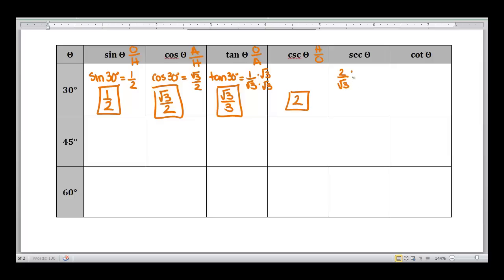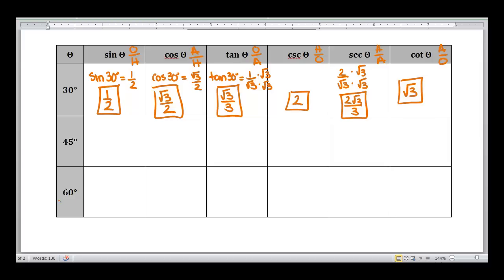Again, I have to rationalize the denominator by multiplying numerator and denominator by root 3, and that simplifies to 2 root 3 over 3. Cotangent is reciprocal with tangent, and so I want to look at the original 1 over root 3, because when I take the reciprocal of that, I'm left with just root 3, and I don't have to rationalize or simplify anything.